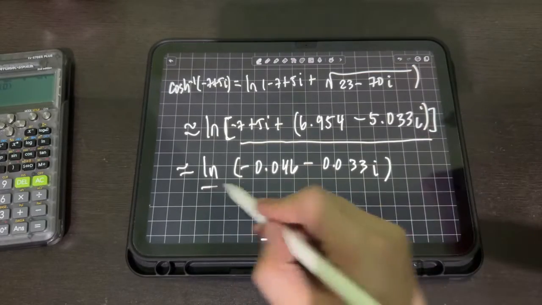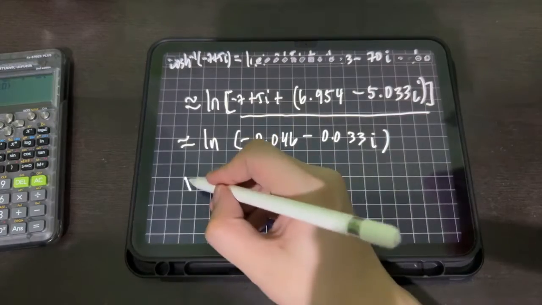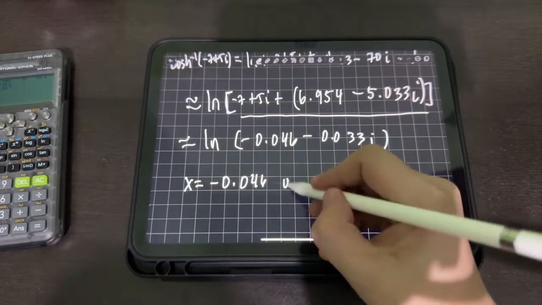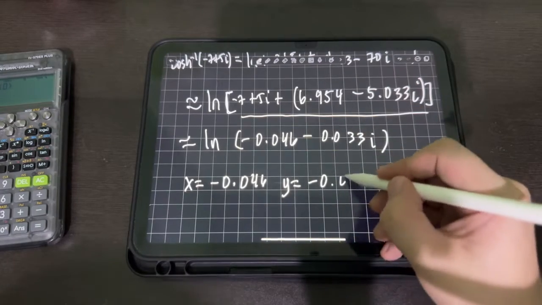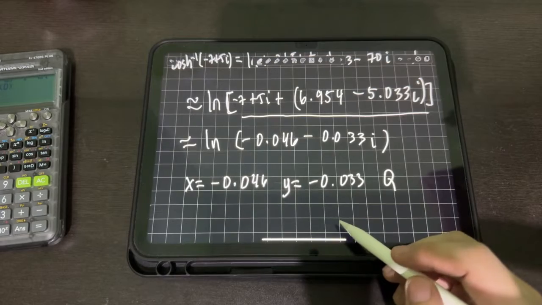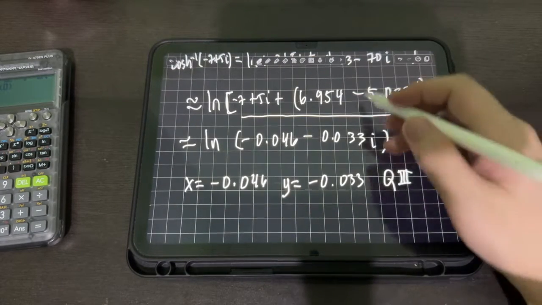Then we get the ln of this complex number. Convert this to polar form. So x is negative 0.046, y is negative 0.033. Both x and y are negative, therefore the complex number is in quadrant 3.